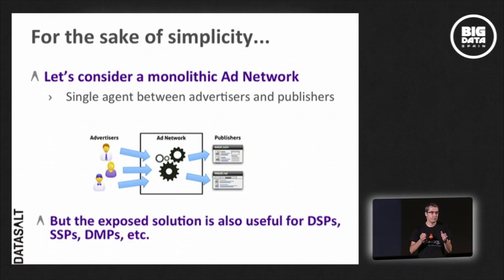In any case, the problem that we are going to think about in that monolithic view of ad networks, and the solution we propose, can be used in the other entities that I talked about before. I mean, DSPs, SSPs, because at the end they have the same problem, maybe just a part of the problem, but they have the same problem.